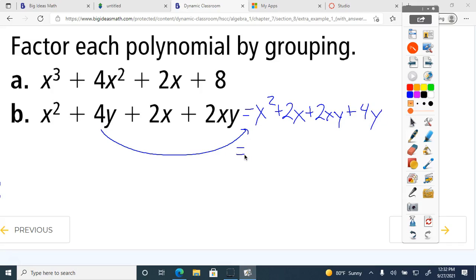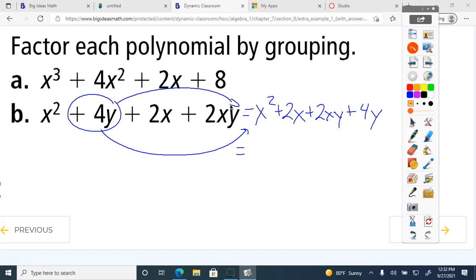No, because I didn't move it from one side of the equals to the other. I'm just moving it to a different spot on the same side. The only time you do the opposite is if you're moving it to the other side of the equal sign. And we don't have equal signs on here. You might, if it says solve, but if it just says factor, you won't.